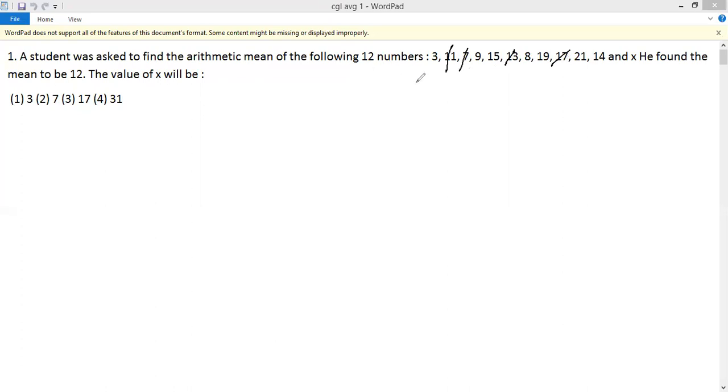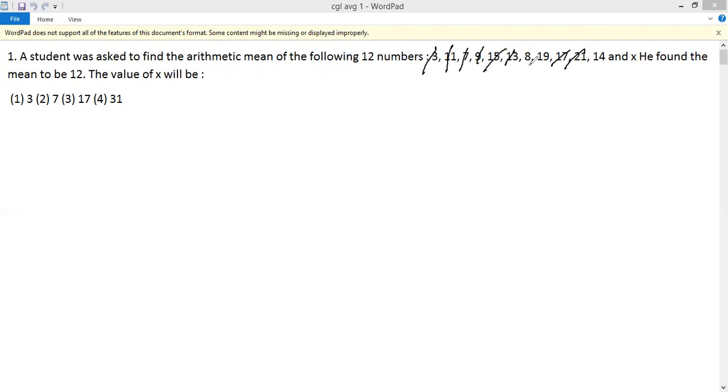Any values are there? The remaining 3 is there, 21 is there. Next, remaining 8 plus 14. 9 plus 15, 24.